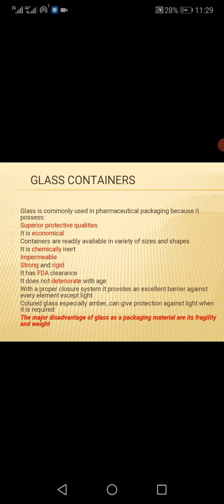The major disadvantages of glass as a packaging material are its fragility, it can be easily broken, and its weight. The glass is high in weight.